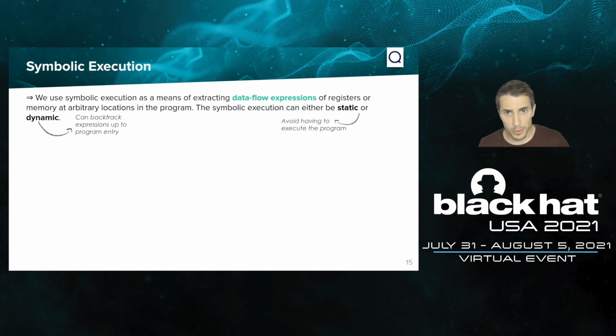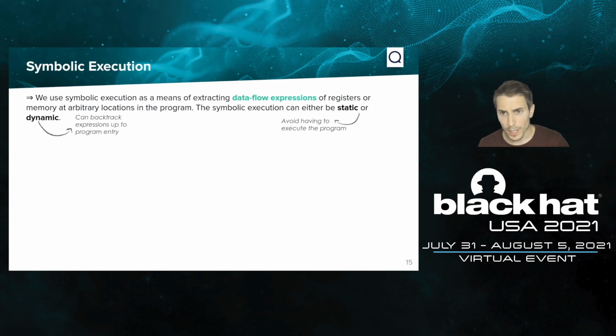We only use symbolic execution as a means to obtain some dataflow expressions. If you're able to retrieve expressions with a different approach, that's perfectly fine for us, because this is not the main point of the algorithm. We just want to have expressions that we want to simplify.